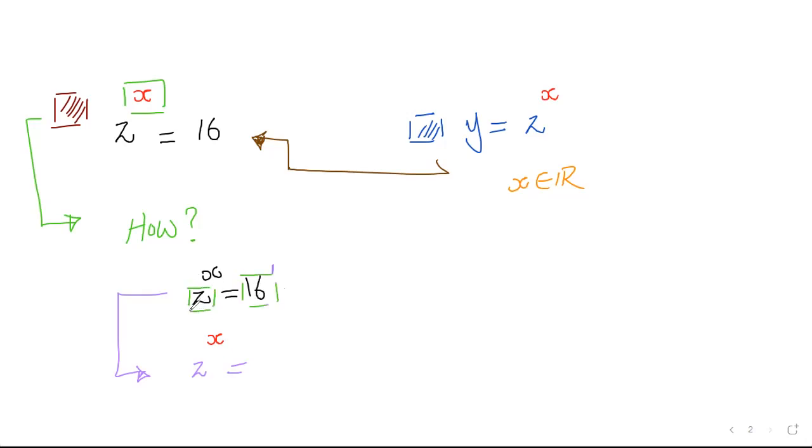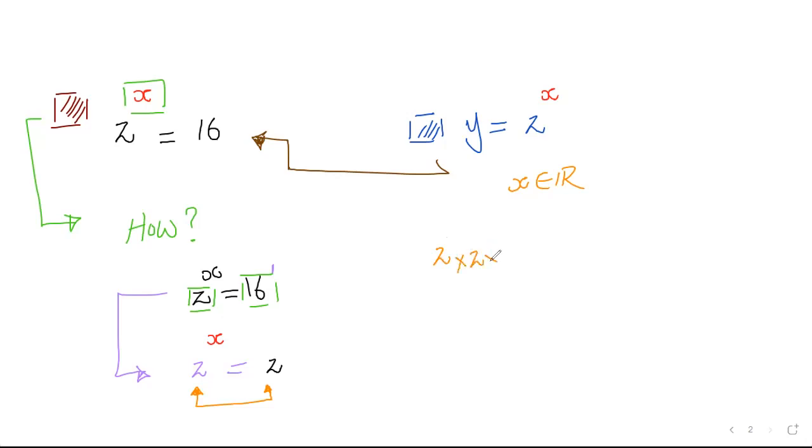One of them is a square, the other one is a triangle. You have to make them look the same. How to do that? Wait a minute. I have to be a little bit skillful. I'm going to rewrite what I have on the right side so that it also has 2 as the base, because in that case the left base equals the right base, and that's what we want. But you know that 16 is what?